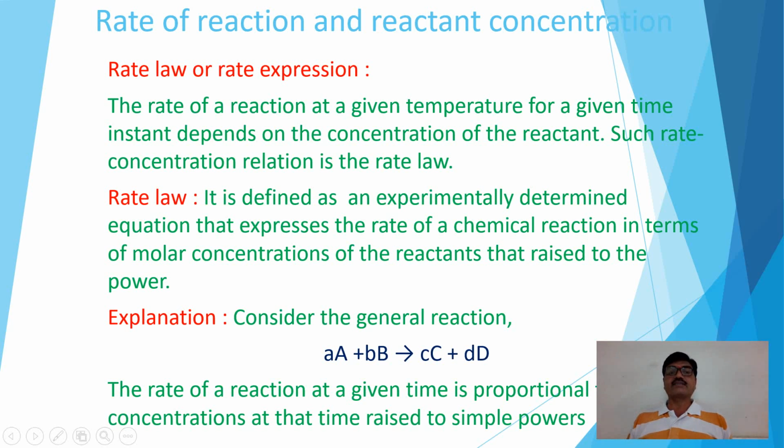It expresses the rate of a chemical reaction in terms of molar concentrations of the reactants raised to the powers, that is, in the form of their exponents. How the rate depends on the exponents or the powers of the molar concentrations is given in the rate law or rate expression.